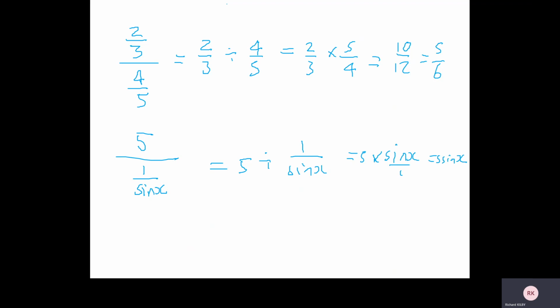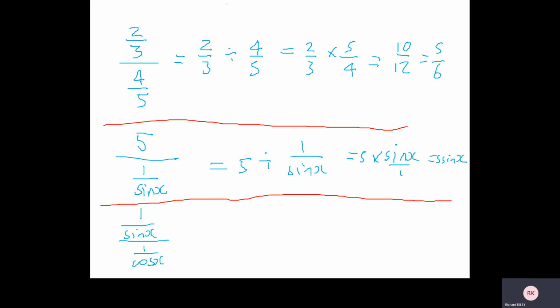Right, how about this? Let's do this one. Let's do 1 over sine x over 1 over cos x. In other words, we're doing cosec over sec. So 1 over sine x over 1 over cos x.